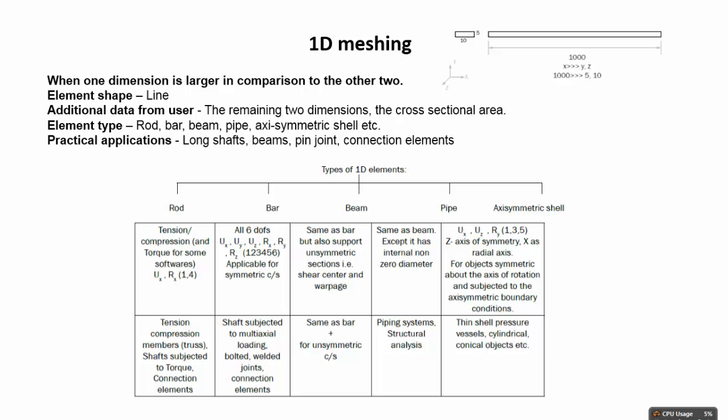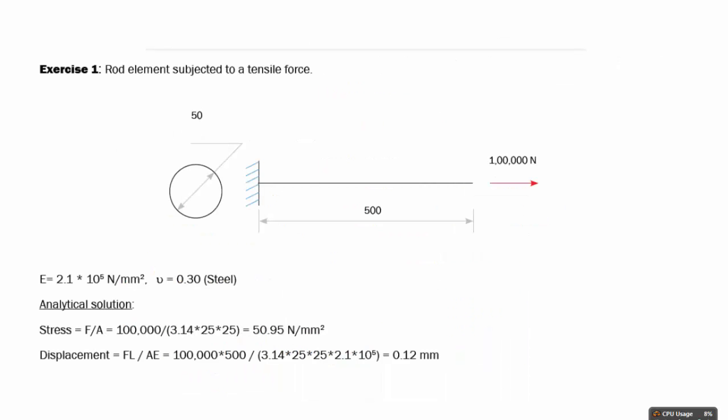For objects symmetric about the axis of rotation and subjected to axisymmetric boundary conditions, the axisymmetric solid is used. So now we will start with the analysis.